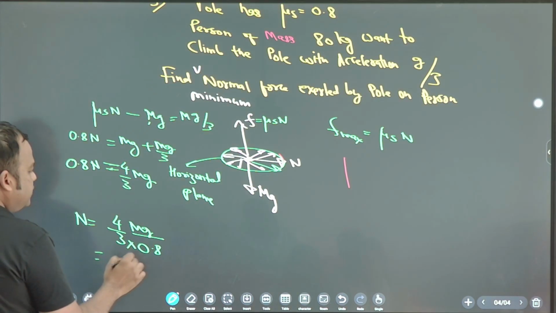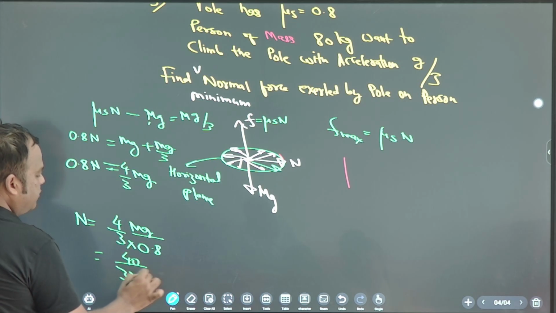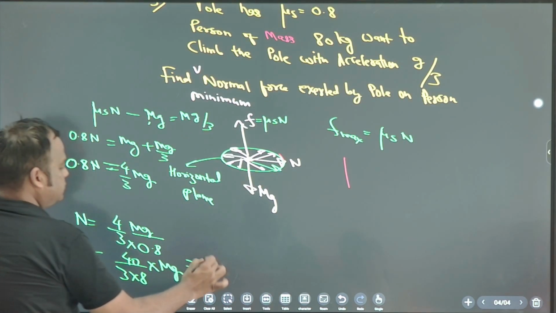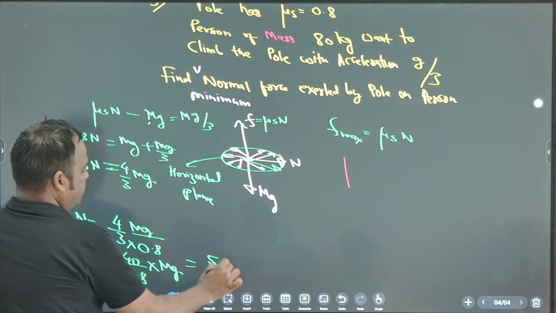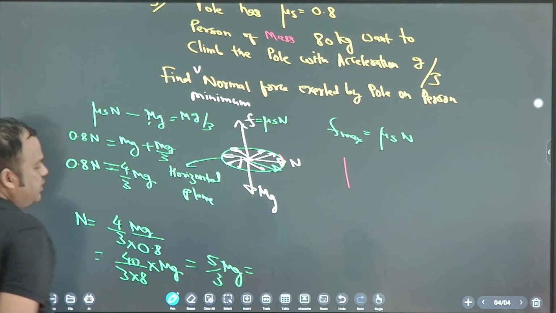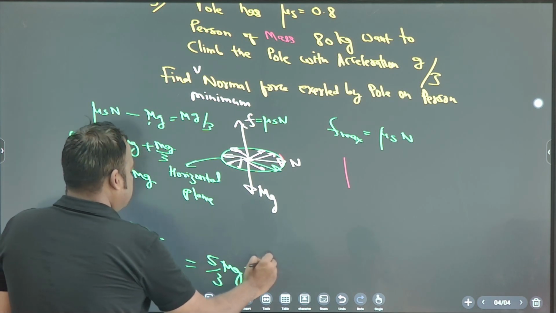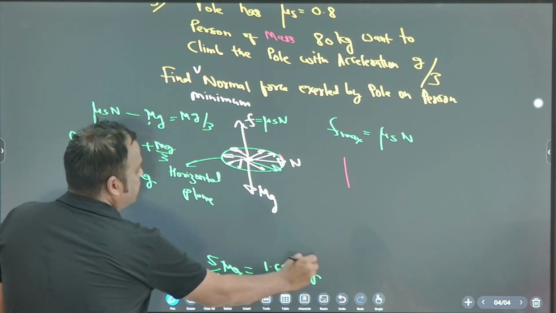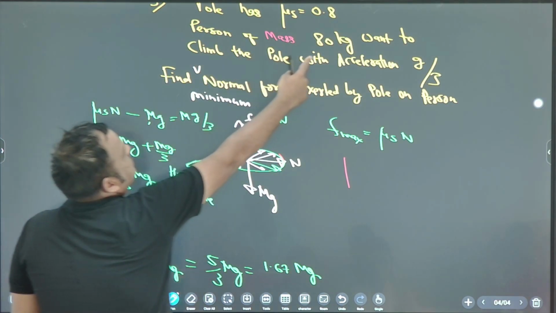Okay, understood? So this is 40 by 3 into 8, correct? So 40 by 8 is how much? 5. So 5 by 3 mg. Okay, clear? So how much normal force am I exerting? 5 by 3 mg means 1.67 mg. And mass is given 80.